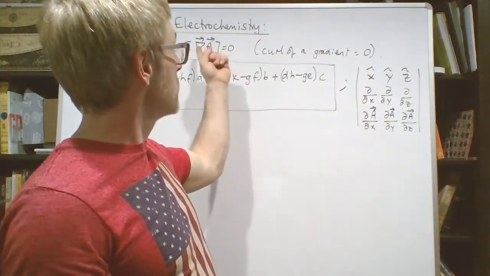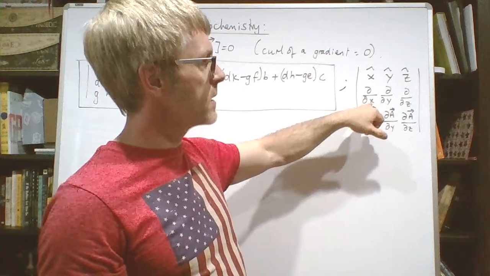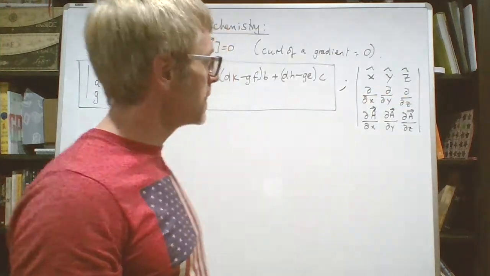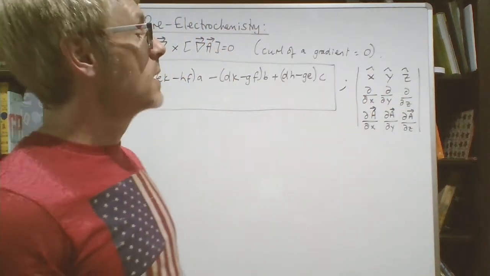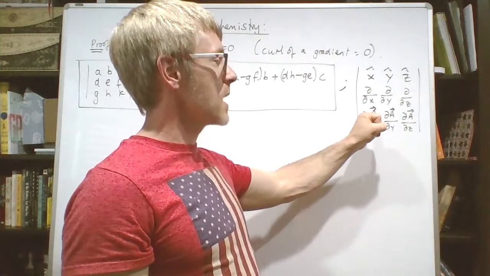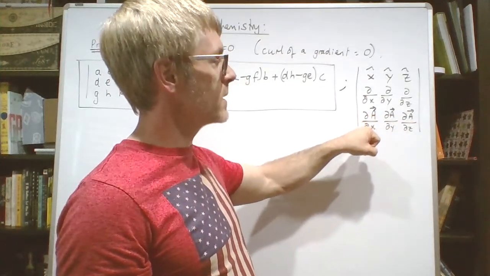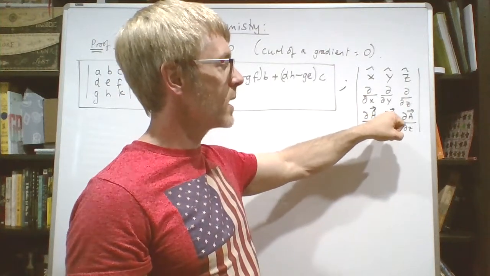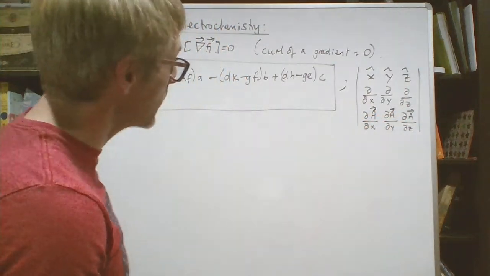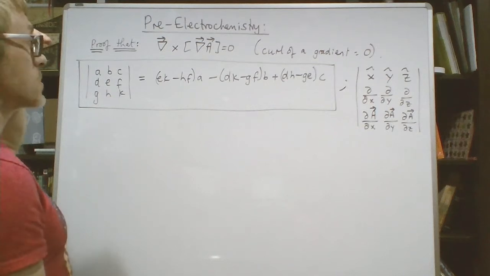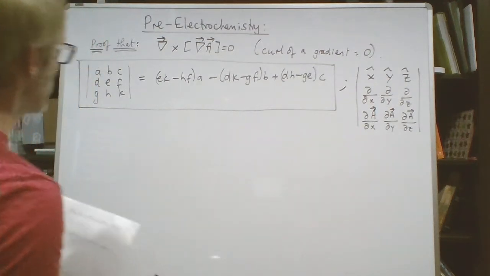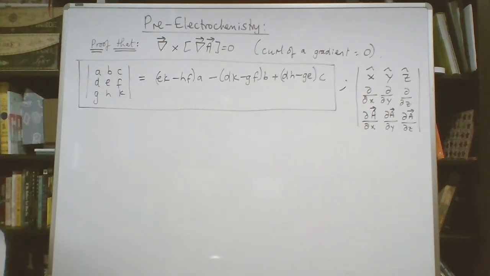We've got del, which is d by dx, d by dy, d by dz, as in the previous case. This time, rather than just have ax, ay, and az, we have d by dx of a, d by dy of a, and d by dz of a. So we're going to go ahead and get going with that. And again, we're going to follow our template.